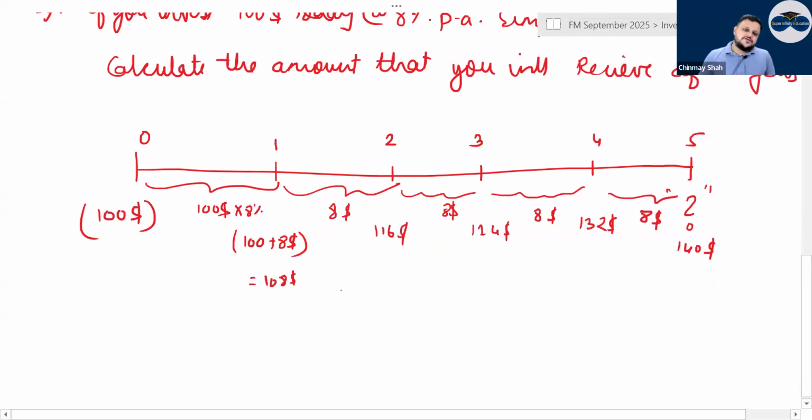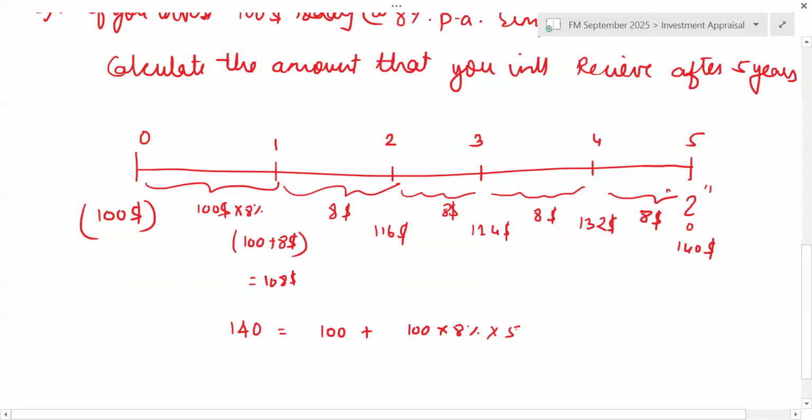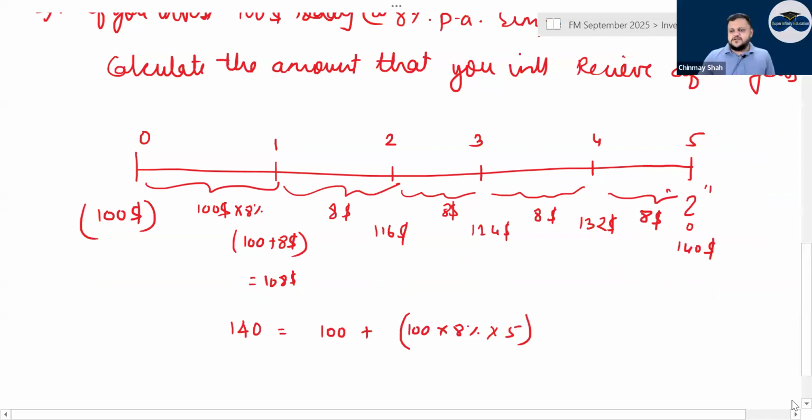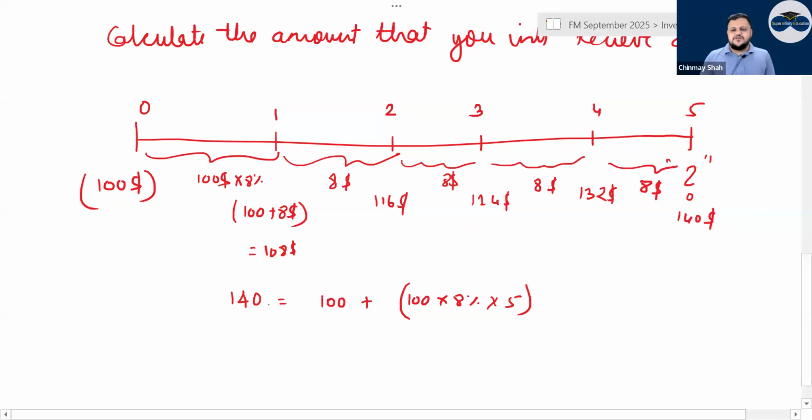So let's try to simplify it. 140 is equal to the 100 principal plus 100 into 8% into how many years have you paid the interest? 5 years. This will be in one bracket. Are you okay with this calculation?